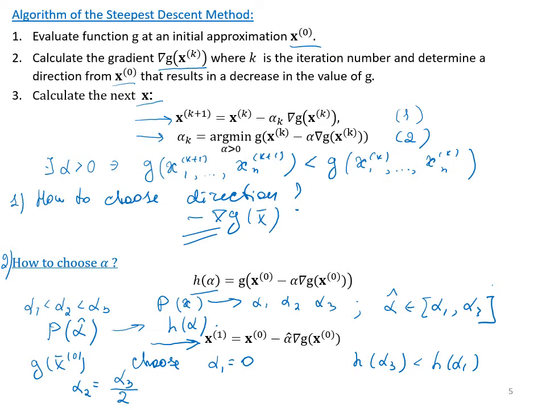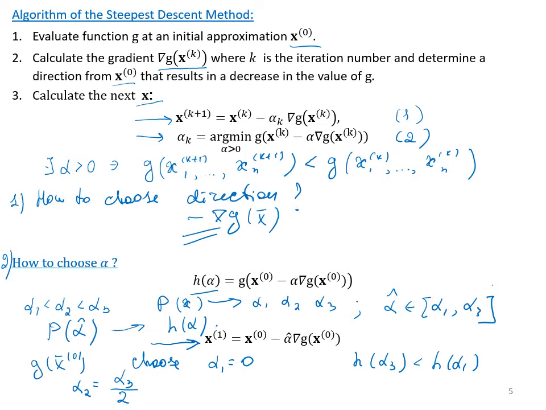The minimum value of our polynomial p on interval alpha 1, alpha 3 can occur at the critical point of this polynomial or at the right endpoint alpha 3.